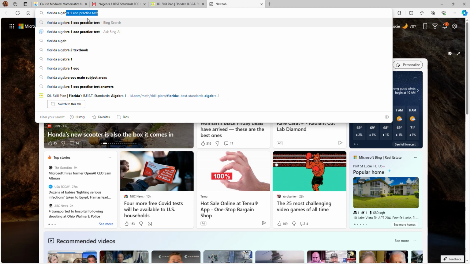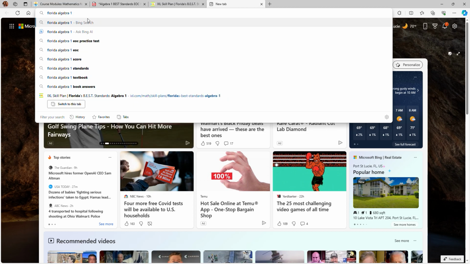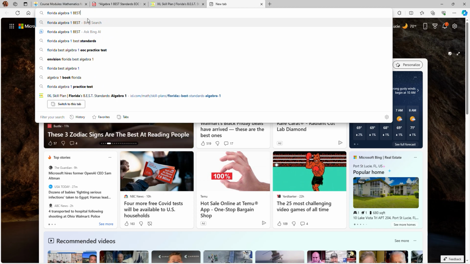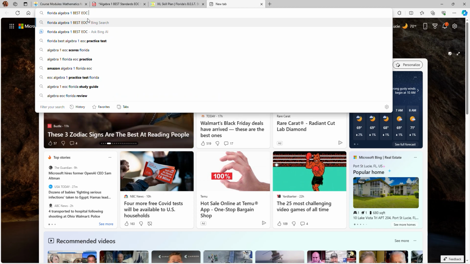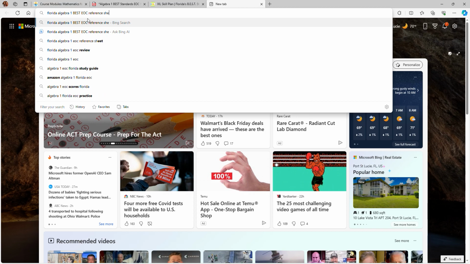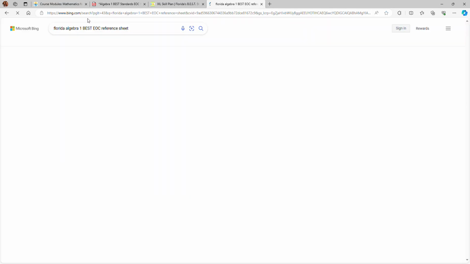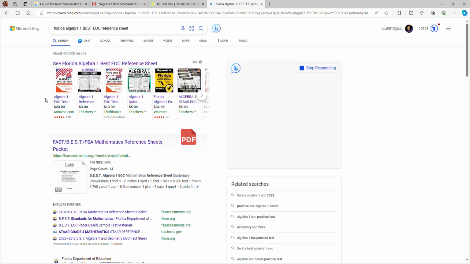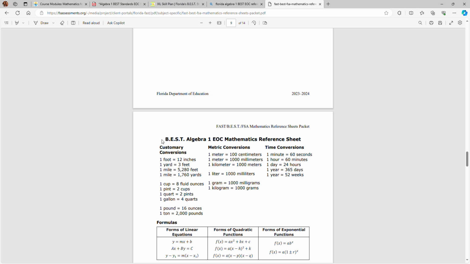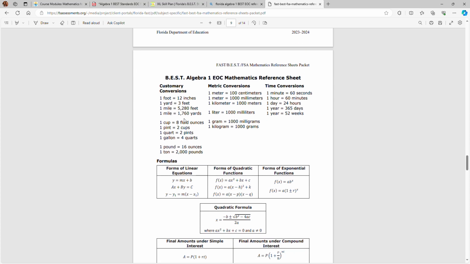Florida Algebra 1 EOC, best EOC reference sheet. Beautiful. Best Algebra 1 EOC math reference sheet.